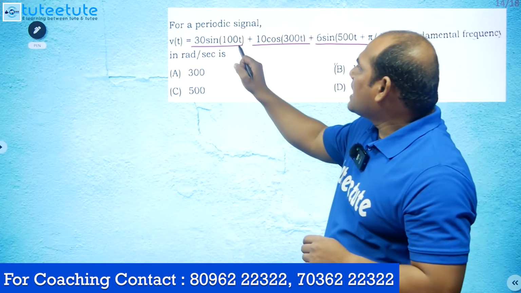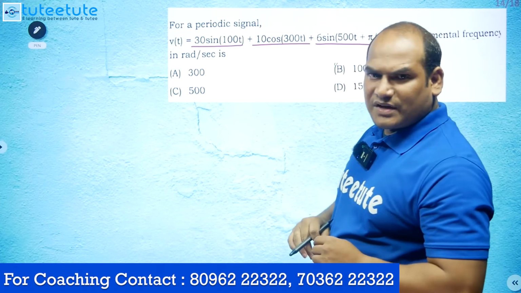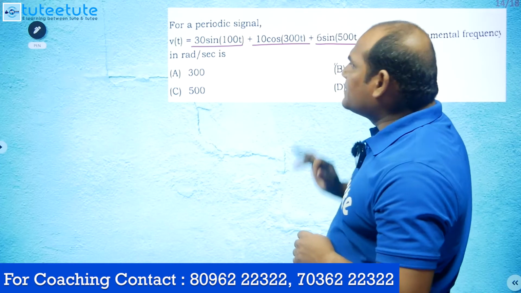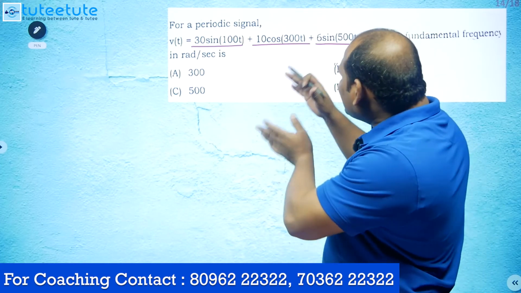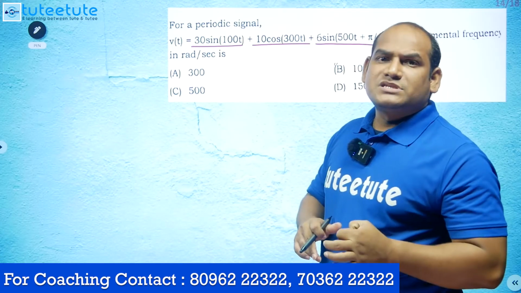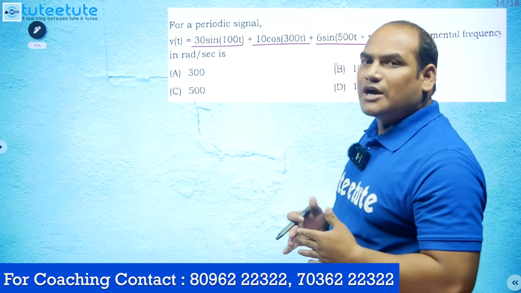If you observe here, 100 is available, 300 is available, and 500 is available. So these are the frequency components we are observing. So what we need to know is that all these are integer multiples of a certain fundamental frequency. What is that fundamental frequency? That is what we have to calculate.